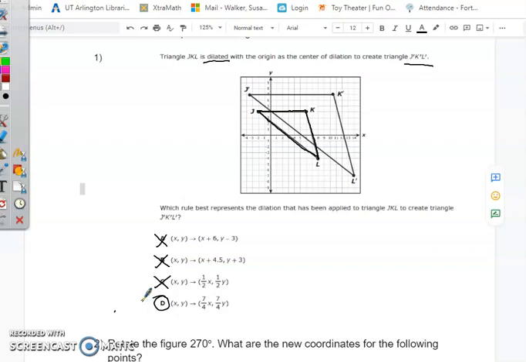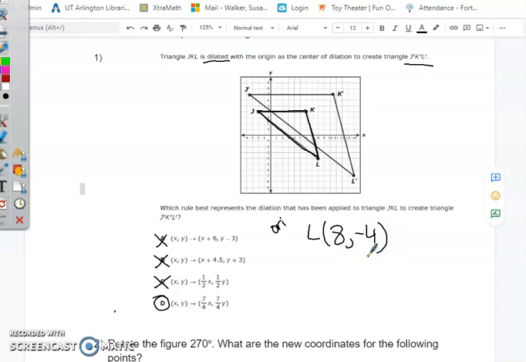So what I would do is choose 1 point. I'm going to choose L because I know I can see that one. Okay, so here's L. That's the original. I'm going to label it because that's important. L is 8, 1, 2, 3, 4. 8 and 4 down.